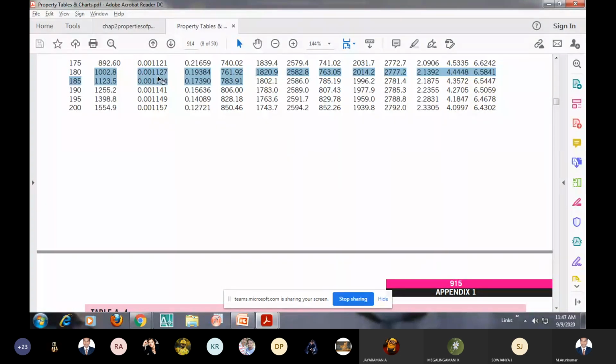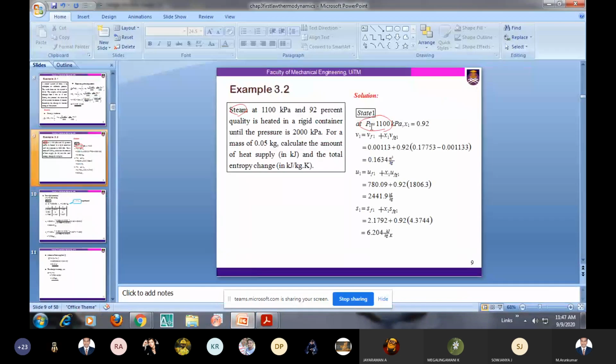So VF will be approximately 0.001130, then VG will be in between these two, 0.175 something. Yes, the value taken here is around 0.17.